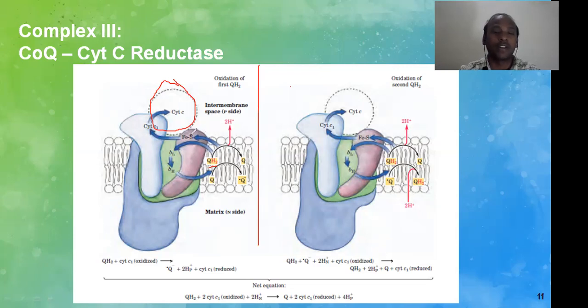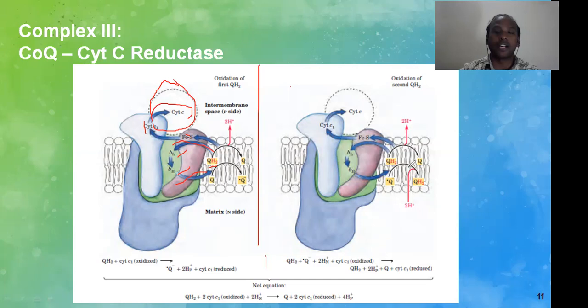The electrons are transferred into the iron sulfur center, and from there to cytochrome C1 and then to cytochrome C, where it can stay for some time. And one more electron passes through the heme prosthetic group, with BL and BH, and it can be converted into the oxidized ubiquinone. The dot indicates the oxidized state. And this is the first half of the reaction.